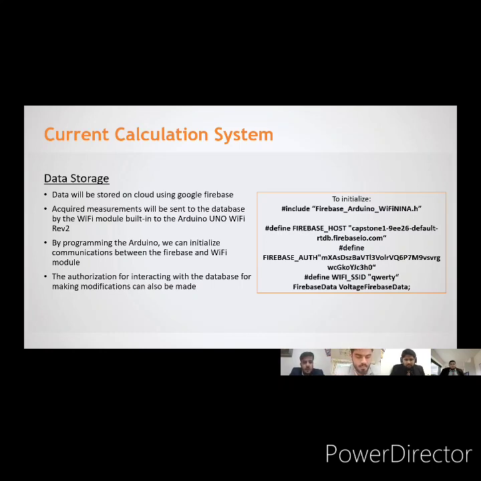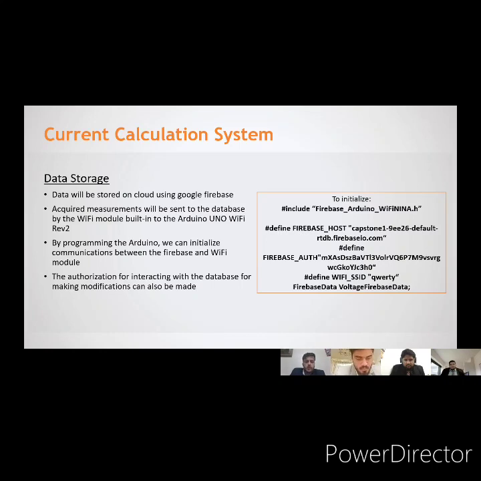We initially used the commands shown on the right in the slide to communicate with the Firebase. We are also planning in the future to develop a mobile app for the next part of the project that can view the data stored in the Firebase, so we can monitor our data remotely.